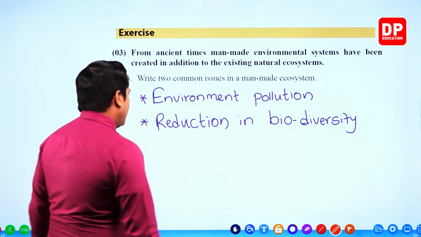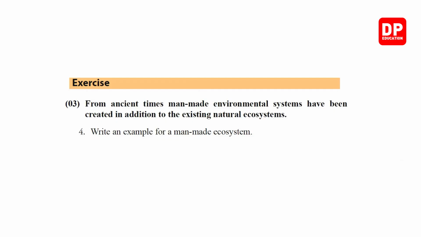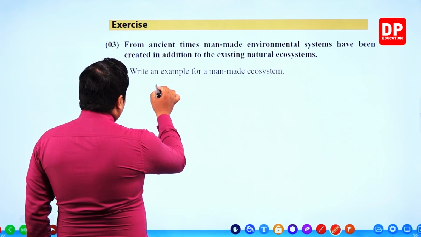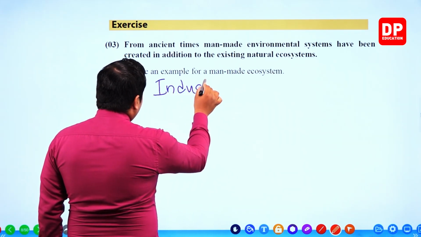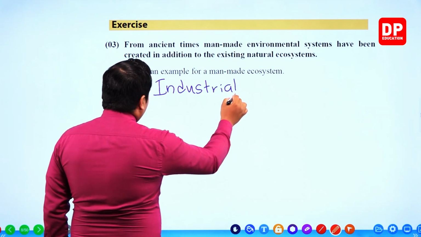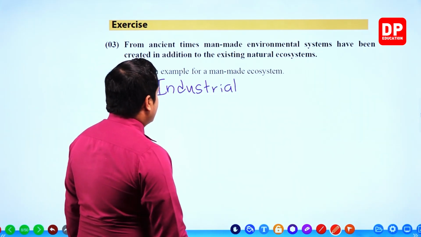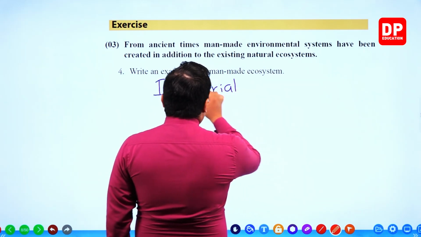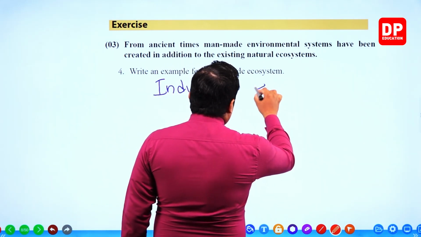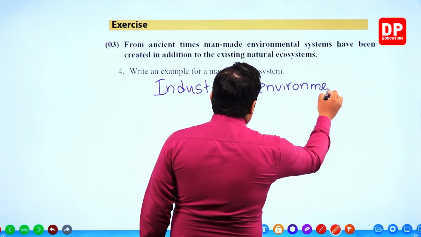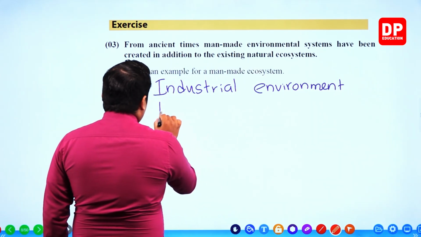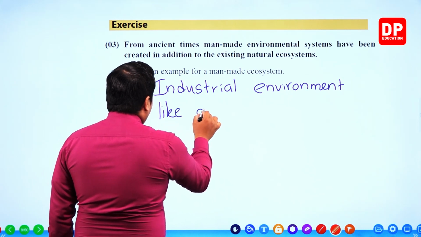Next one. Write an example for a man-made ecosystem. Very simple, my dear children. Industrial environment, like a factory.